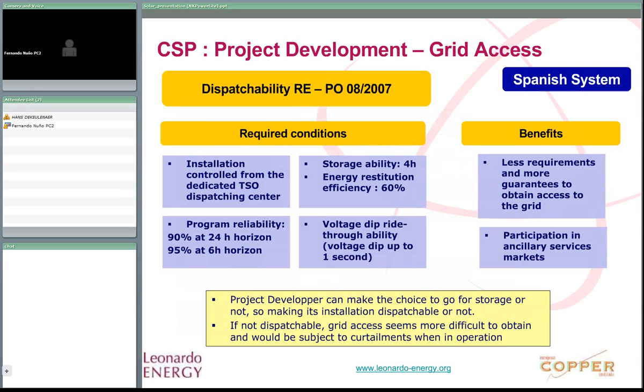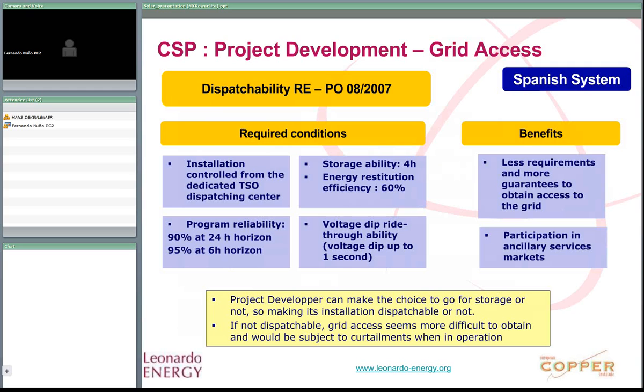The program should be reliable, and the required reliability rate is 90% at a 24-hour horizon and 95% at a 6-hour horizon. These plants should have a storage ability of 4 hours.